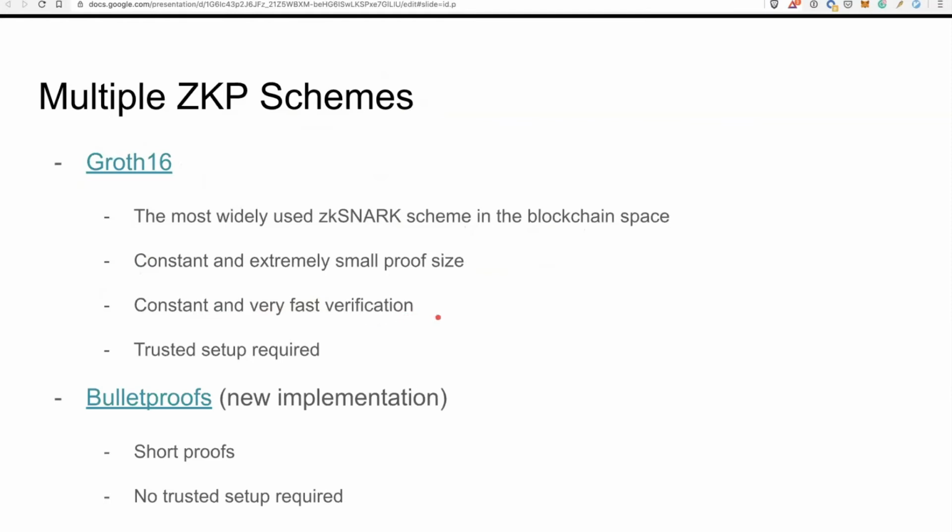So you know it's quite suitable for smart contracts and blockchain. But one drawback is the need for a trusted setup. We also add Bulletproofs. Actually, we bring in a new implementation of Bulletproofs. And Bulletproofs has shorter proofs and no trusted setup required.